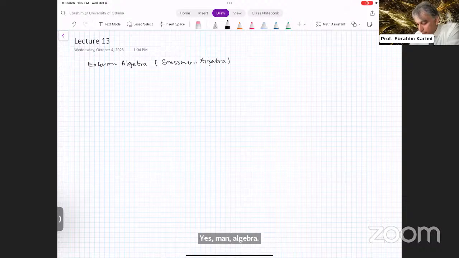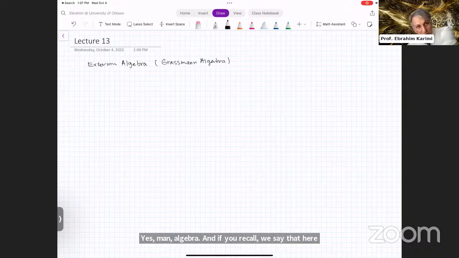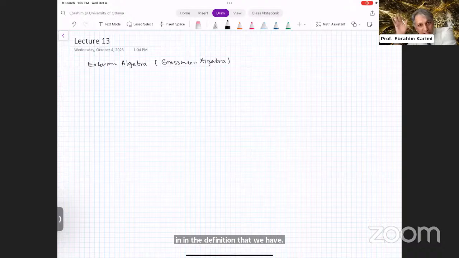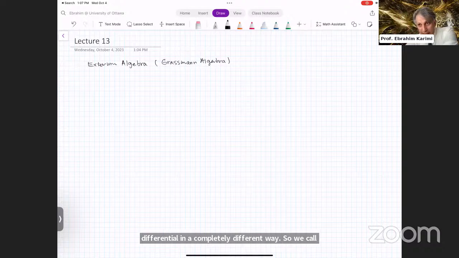If you recall, in this definition we deal with differentials, but we are treating the differentials in a completely different way. So we call it an operator. We are very careful how these operators act differently, and you can sort them out in a certain formalism.